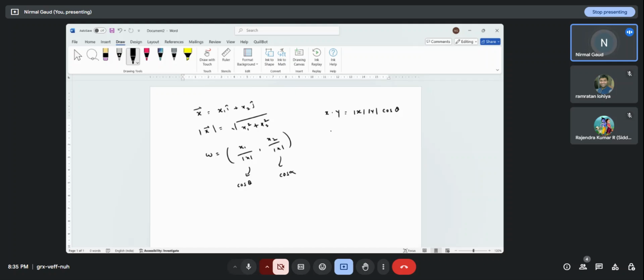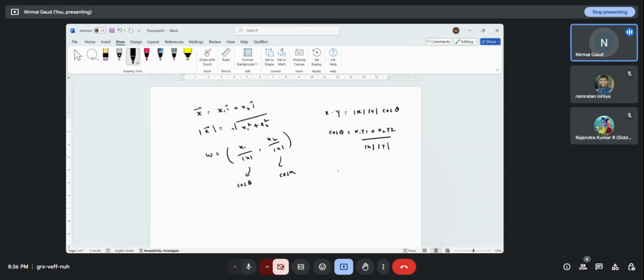We calculated the value of cos theta, which came to be x1 y1 plus x2 y2 divided by x y, and we performed the cross multiplication here.